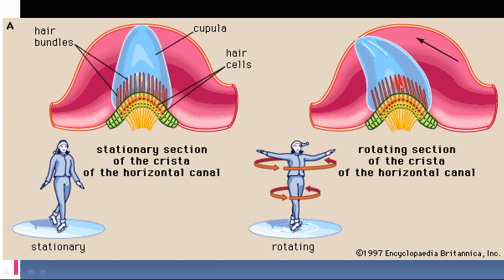When the movement of stereocilia is toward the kinocilium, there will be depolarization, whereas when the movement is away from the kinocilium, there will be hyperpolarization. Because of these movements, the receptor potential and the pattern of impulses will then be carried by the vestibular nerve to the brain, and thus they will sense which type of movement.